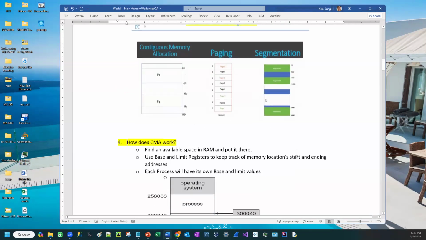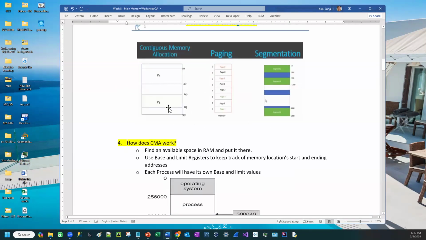As I alluded to here, let me draw this a little bit so you guys can see.